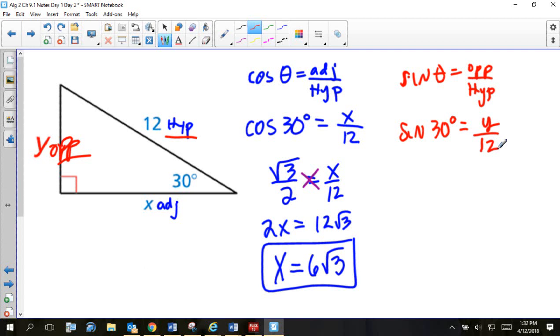Bree, what's the sine of 30 degrees? Everybody, sine of 30 degrees? 1/2. Cross multiply, we get 2y equals 12, so y is 6.